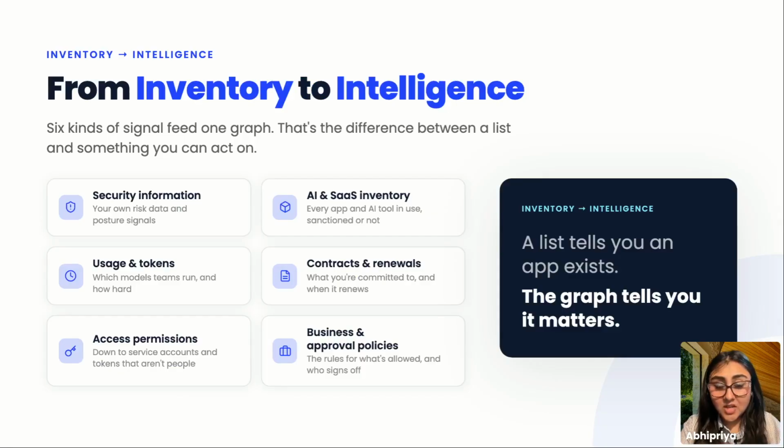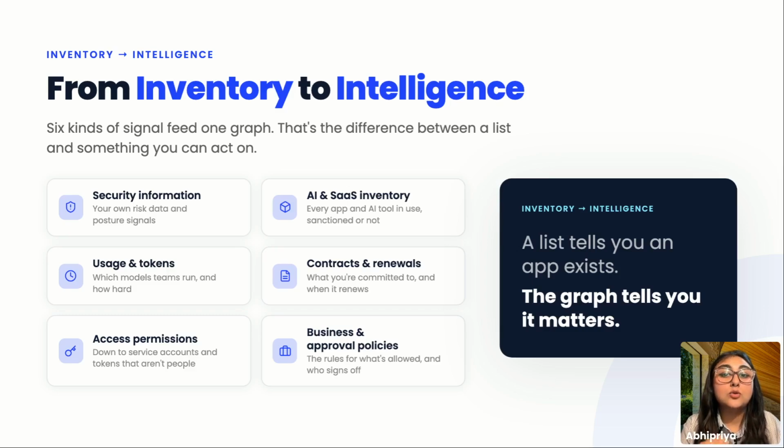So, all right, let's zoom in on the left side of it and what's feeding the graph. It's six kinds of signals all read into one place: your apps, your identities, your AI usage, your cost, your security, your policies. And the key thing is it goes way beyond just a plain list of apps, because anybody can give you a list of apps, but a list only tells you an app exists.